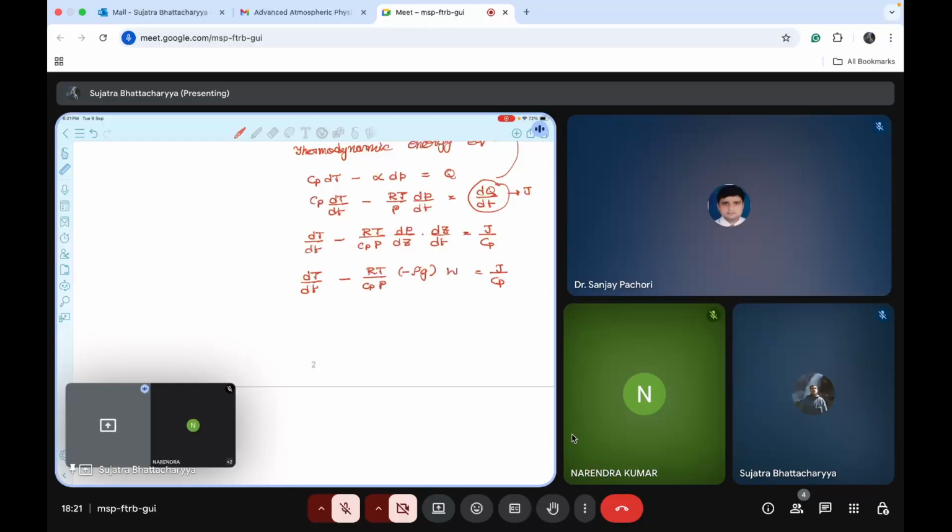So rho and RT by P are opposite to each other, so this can be cancelled. Minus minus becomes plus. So dT/dt plus g/Cp into W is equal to J by Cp. Okay. Now it has been asked that it maintains constant temperature.